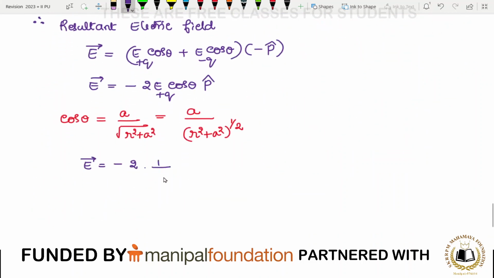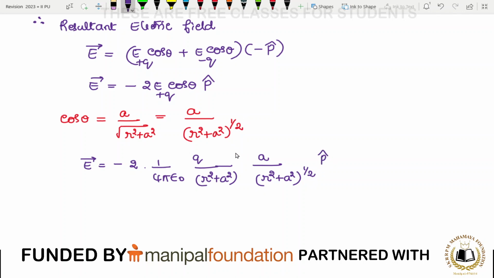Substitute 1 by 4 pi epsilon naught Q divided by R square plus A square into cos theta. Cos theta value how much here? A divided by R square plus A square to the power half, into P cap.